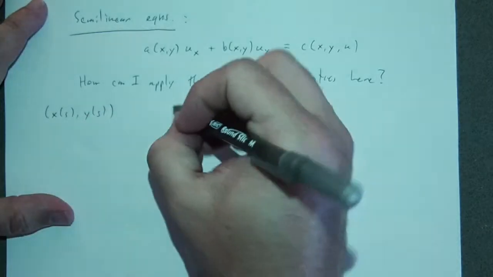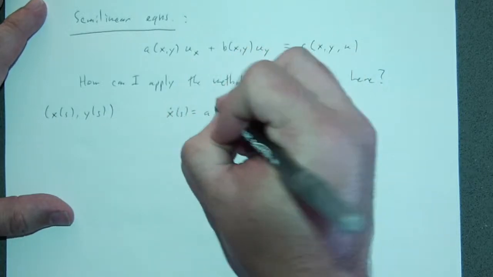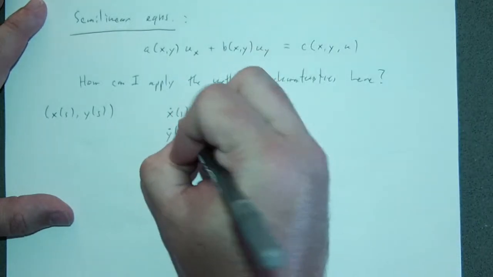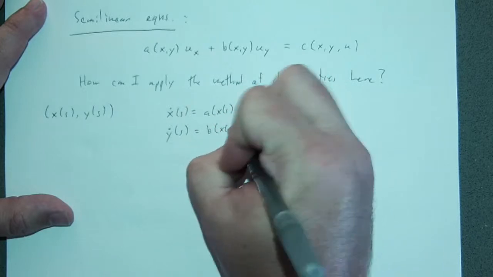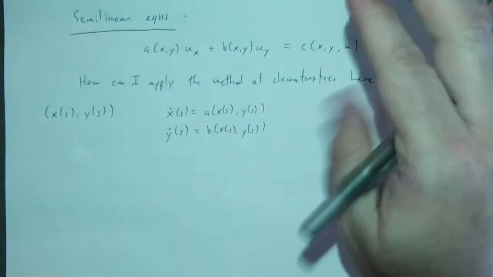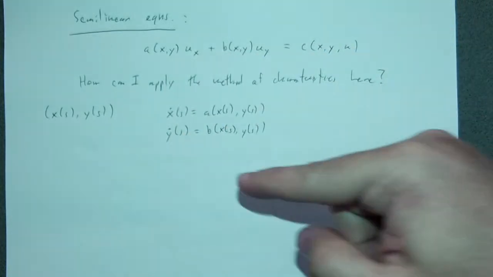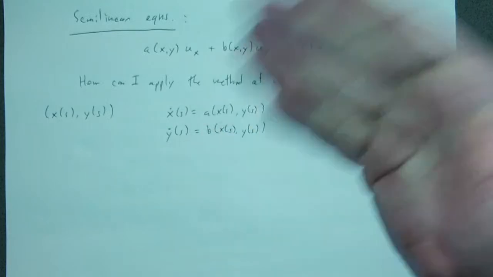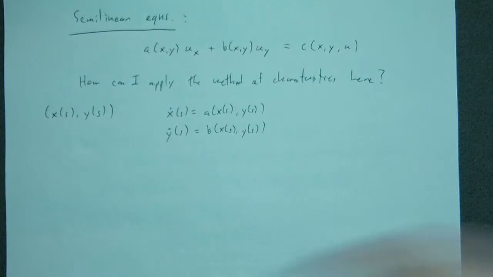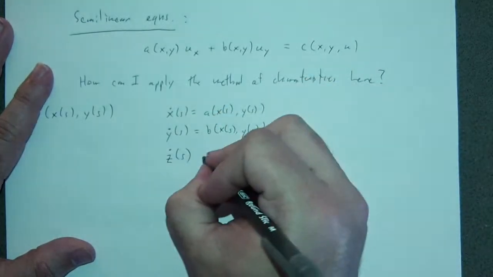And the way that I do this is I say x dot of s is equal to a of x of s, y of s, and y dot of s is equal to b of x of s, y of s. This hasn't changed, right? If I covered up the left-hand side of this equation, this is exactly like the linear case, and so these two characteristic equations, if I follow that same analysis, are not actually affected by this thing now being different. So then how do I deal with this?